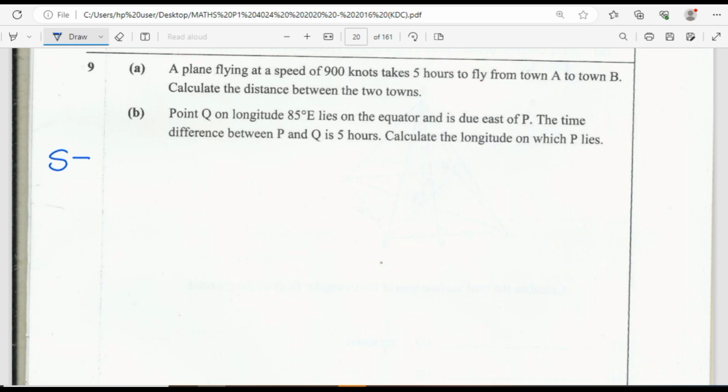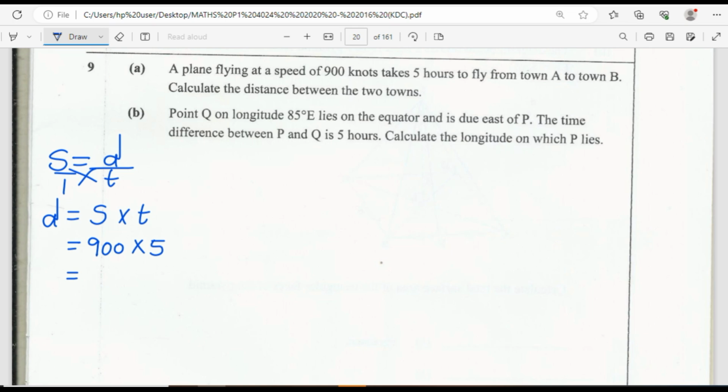So the formula is speed is equal to distance over time. Speed over 1, we cross multiply, and 1 times d is just d. So whenever we are finding distance, we are just supposed to multiply speed times time. As our speed is given, 900 knots times 5 hours.